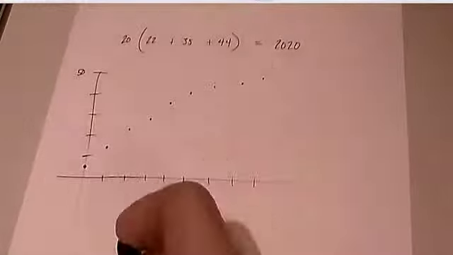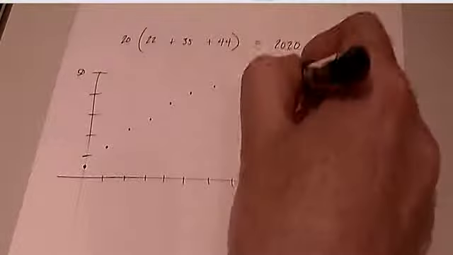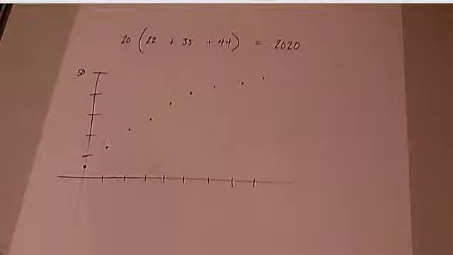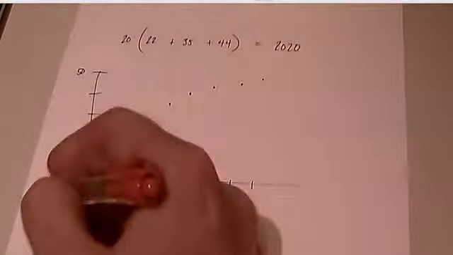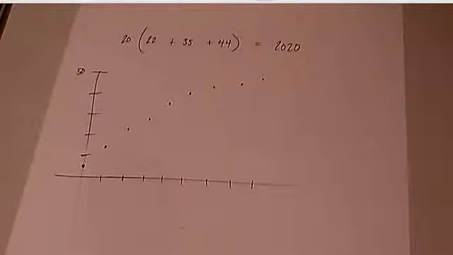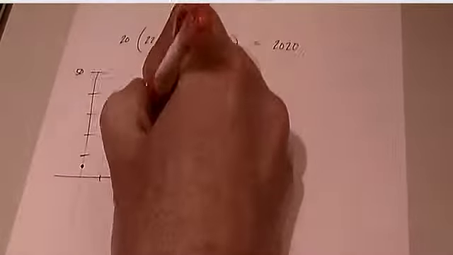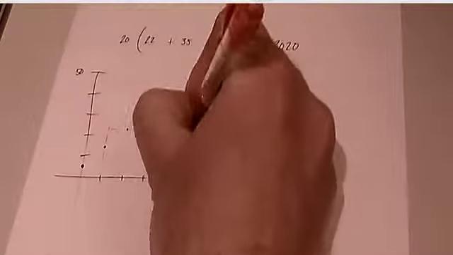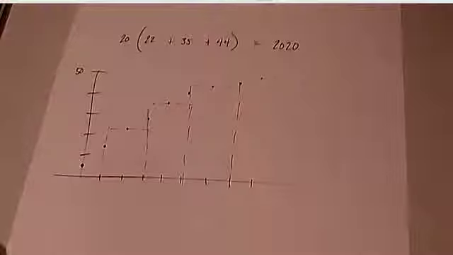You could estimate that it curves up like this. But here's the thing: you weren't asked to draw the curve that would match those points. You're simply asked for those areas.